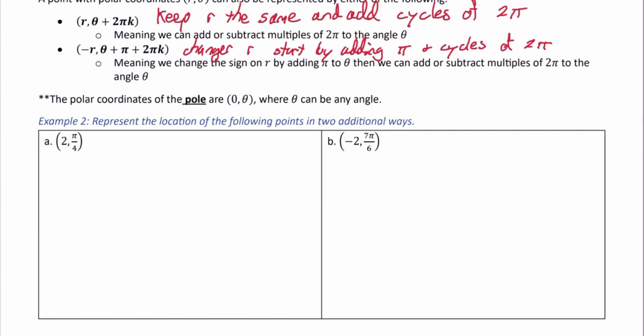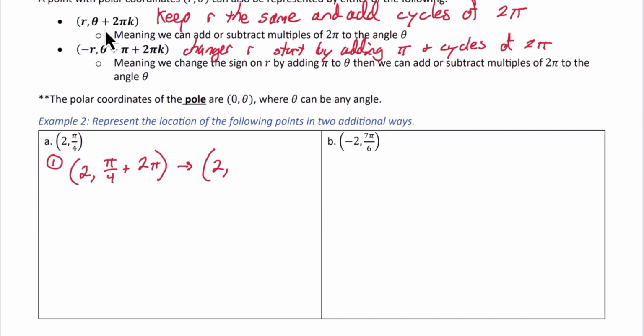Let's look at an example. If we're starting with (2, π/4), one way to do it would be to keep r the same. So let's keep r the same at 2, and we want to change π/4. Notice we need to add a cycle of 2π, or a multiple of 2π. So we have π/4 plus, let's just say, 2π.